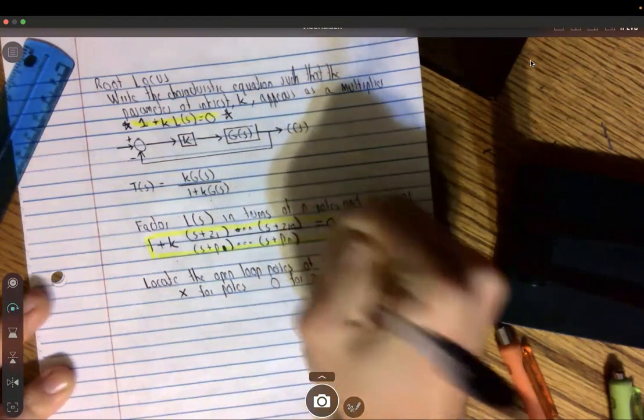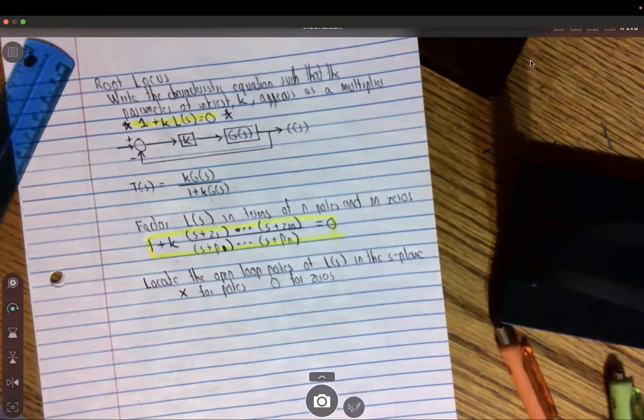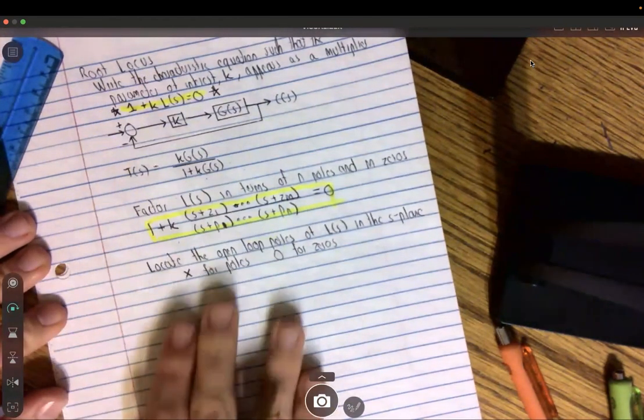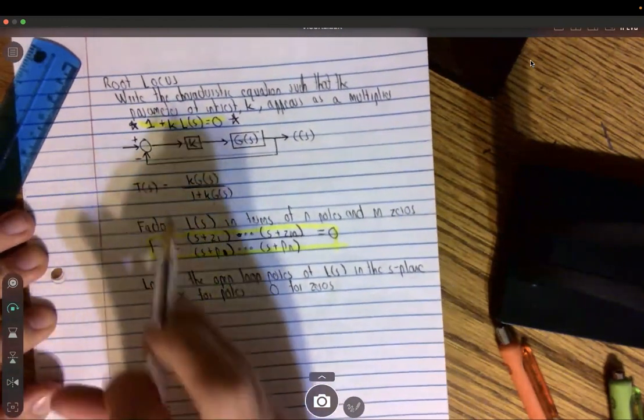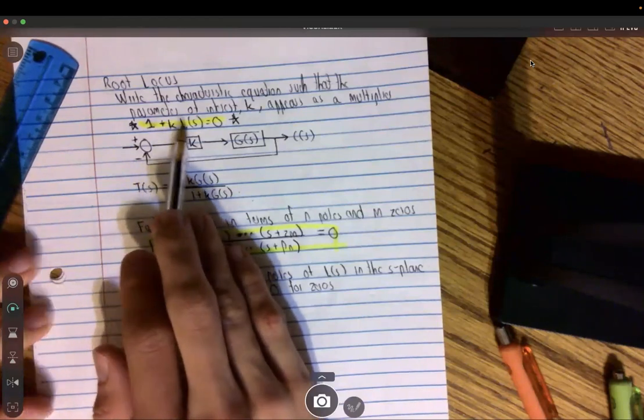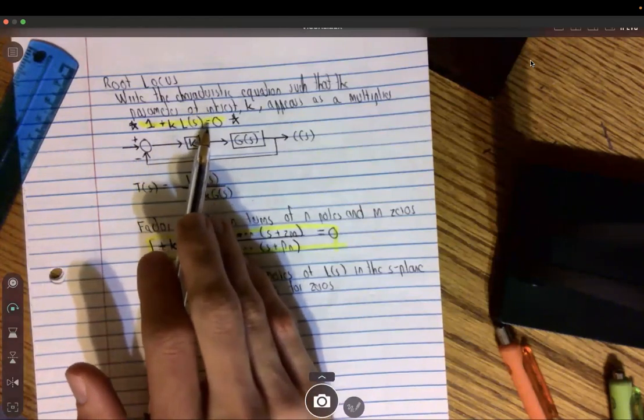Okay. Now that we talked about that, that's sort of the preliminary stuff to the steps that we're going to be taking whenever we define our rules for the root locus. So this is all preliminary work. Make sure that you have it written in terms of a unity feedback system, so you can make sure that you have the characteristic equation here.